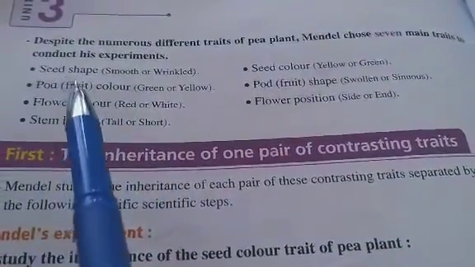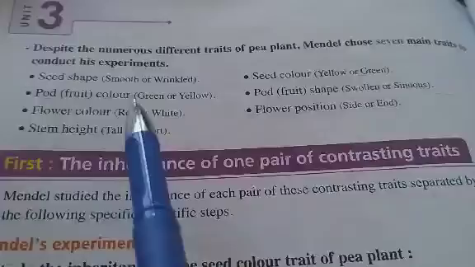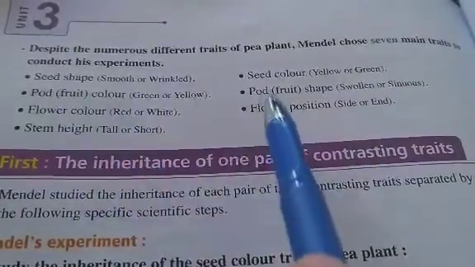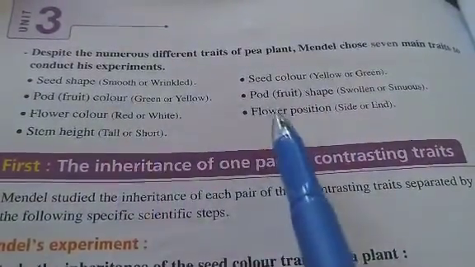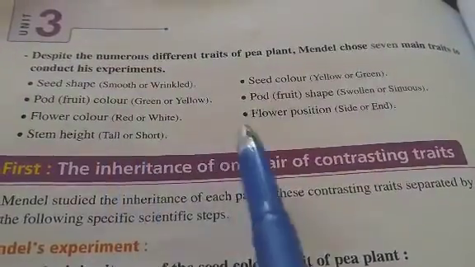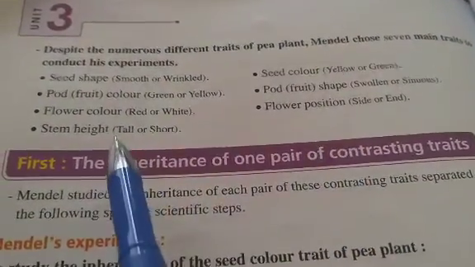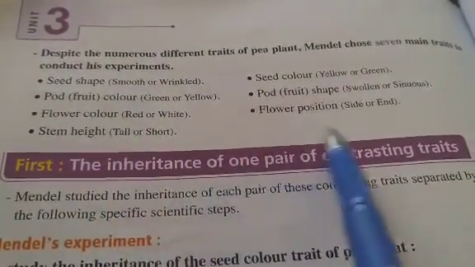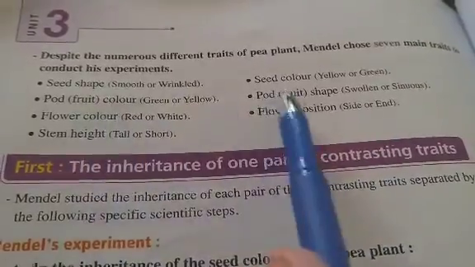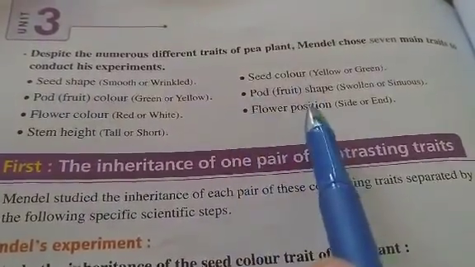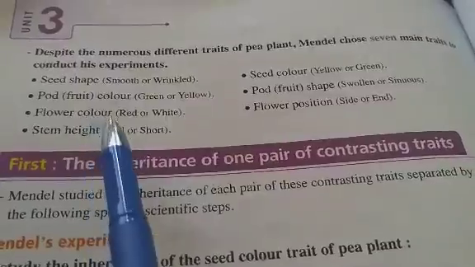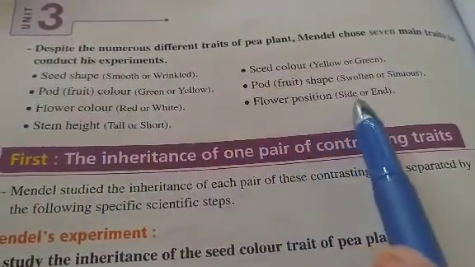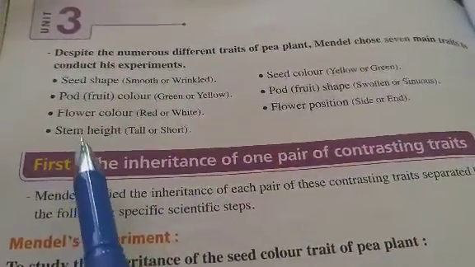Again, what are they? Seed shape, seed color, pod color and pod shape, flower color, flower position, and the last one, stem height. Can you remember them now? Seed shape, seed color, pod shape, pod color, flower color and flower position, side or end, and stem height, tall or short.